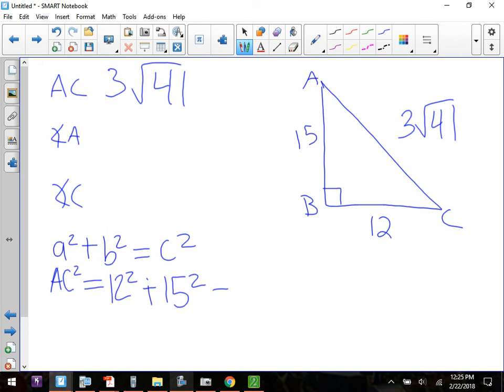And then you need to find A and C, which you can just start wherever. So I'm just going to do A, which means this is the opposite. This is the hypotenuse, but we won't need to use that since we just found it. And then this is the adjacent. So, since it doesn't have the hypotenuse, we're using tangent.